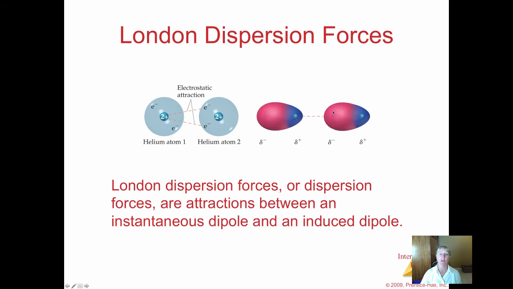The part of each of the atoms where the electrons are is kind of negative, where they are not is kind of positive. And when the partially negative side of one atom or molecule is attracted to the partially positive side of another atom or molecule, that's this dotted line. That is the location of the London dispersion force.